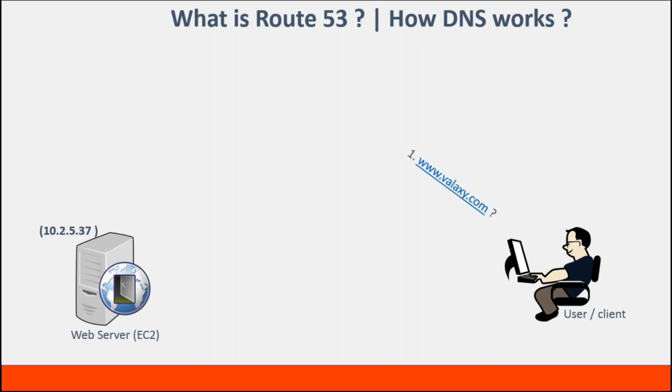Now the user is hitting www.veloxy.com, and the name has to be resolved into the IP address, correct? Once this name is resolved into the IP, then the request can hit that specific IP address. That's how the server can receive it.